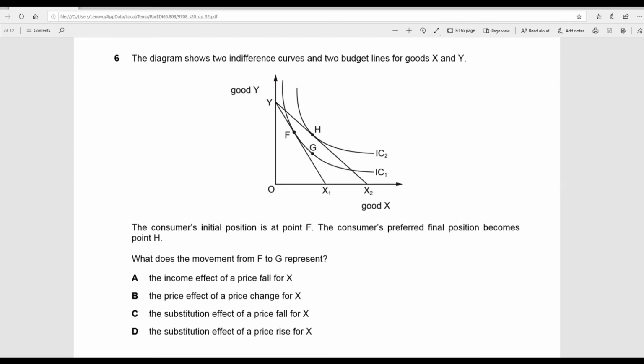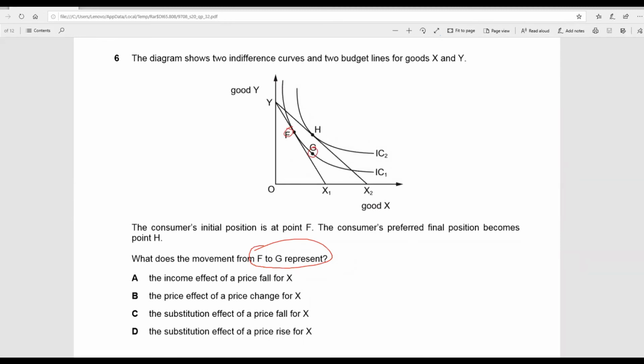The question is really very blurry, and the examiner is basically pushing and pulling you to different points. Finally, you have to find out the reason for the movement from F to G. So this is F and this is G.